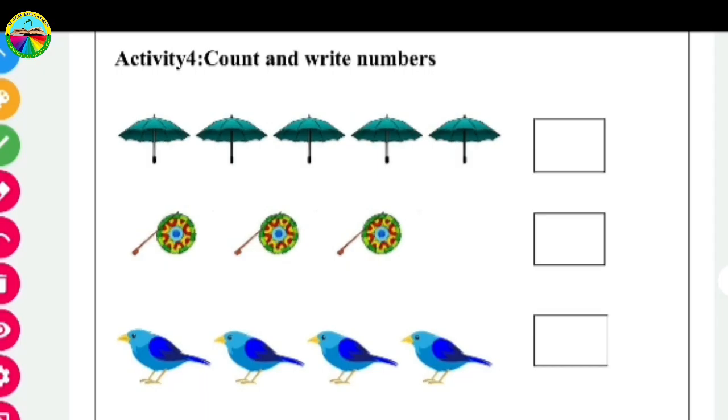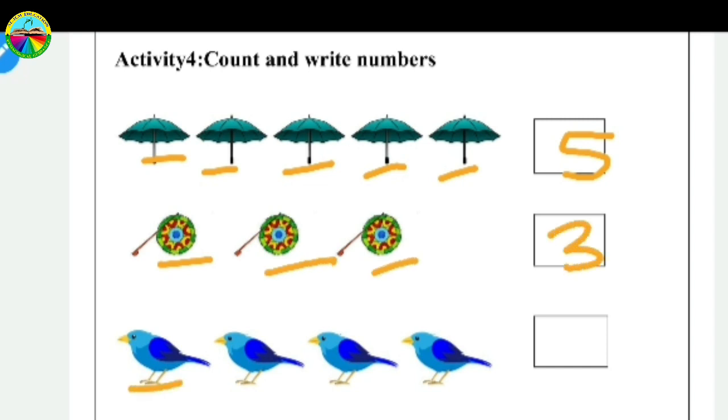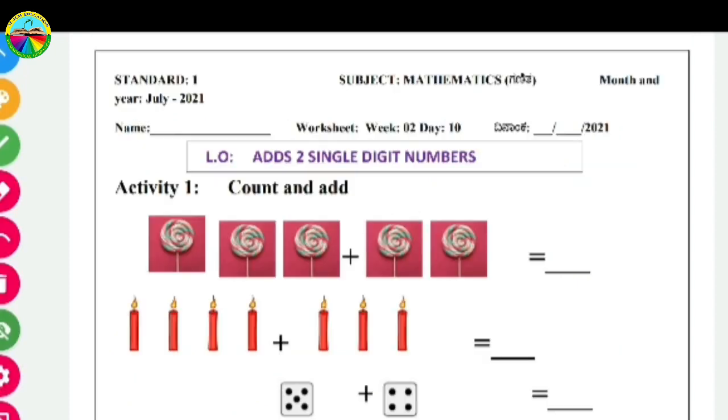Circle the 3. Count and write the number. Count it: 1, 2, 3, 4, 5. Write the number 5. 1, 2, 3. Write here 3. 1, 2, 3, 4. Write 4.